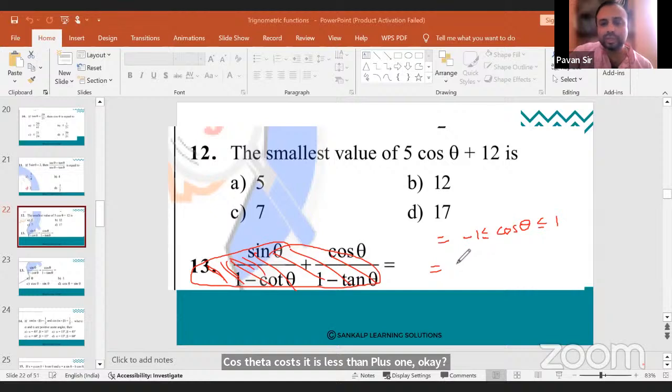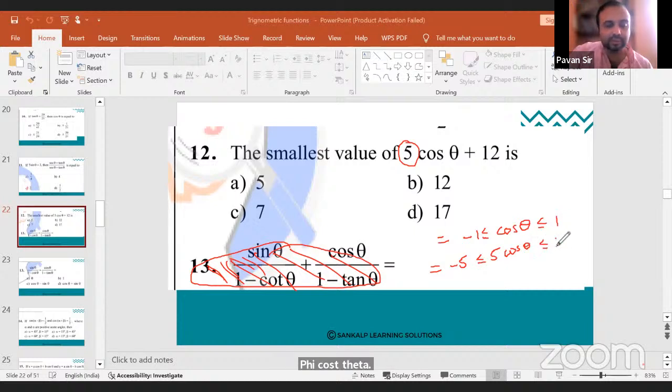I hope you know this. So substitute the values. Multiplying by 5, -5 is less than or equal to 5 cos theta, which is less than or equal to +5.